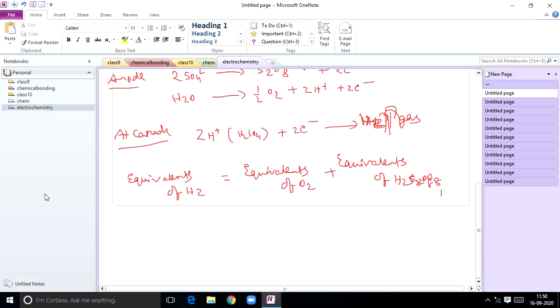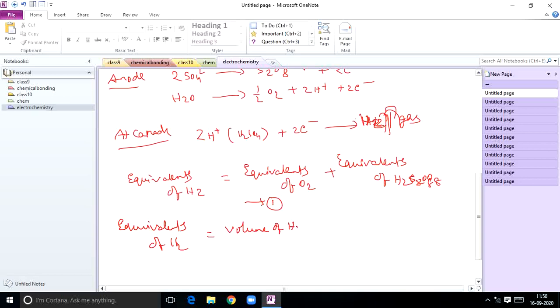So now you calculate the equivalents of hydrogen. How to calculate the equivalents of hydrogen, separately we will do. Consider this as equation 1. Equivalents of hydrogen is equal to volume of hydrogen gas given divided by volume of one equivalent of hydrogen gas at STP.